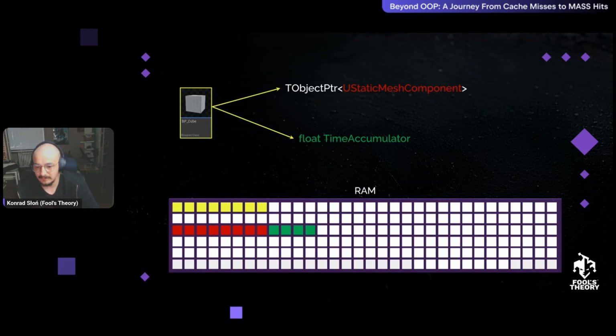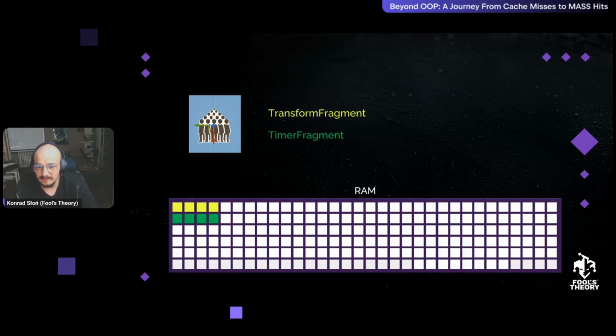So that's how it looks in object-oriented programming. Data are in different places in memory, and in data-driven development, this is how it looks. Transform and timer are pretty close to each other, and if you create another object, that data will still be next to each other, and so on.